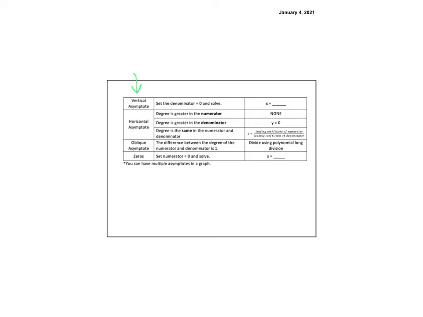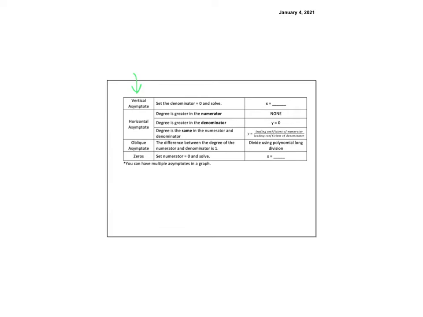If the degree in the numerator is bigger, we don't have a horizontal asymptote. If the degree is greater in the denominator, we have a horizontal asymptote of y equals 0. And if the degree is the same in the numerator and the denominator, we take the leading coefficients and put them over each other, and that becomes our equation. And again, I will demonstrate these things in a few of the problems ahead.